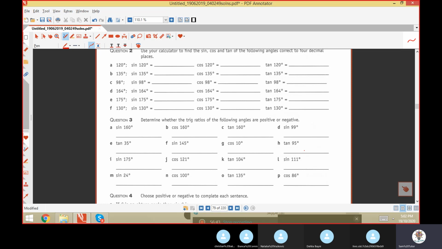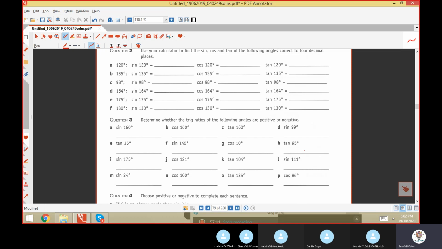Because it's sine 160, we're in the sine region, so it must be positive. Just remember, all stations to central. So do you agree 160 is around there somewhere, between 90 and 180?